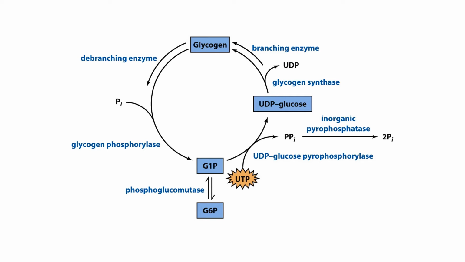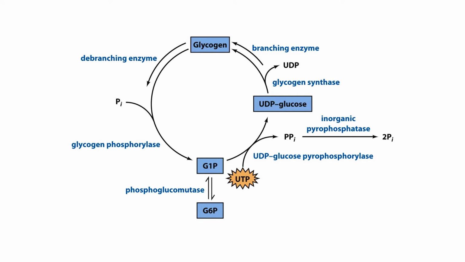And let's take a look at the glycogen formation. We start with glucose 6-phosphate, which gets converted to glucose 1-phosphate by phosphoglucomutase. We require this high energy molecule UTP, just like an ATP, only with uridine.